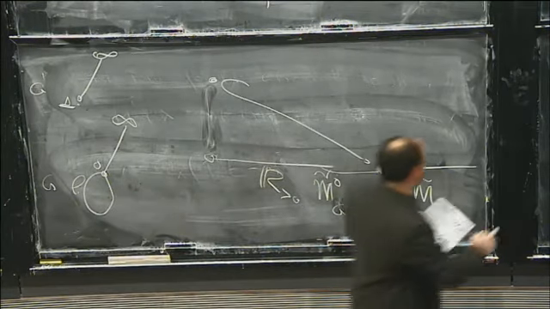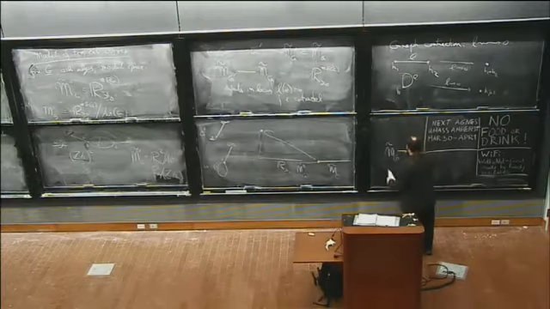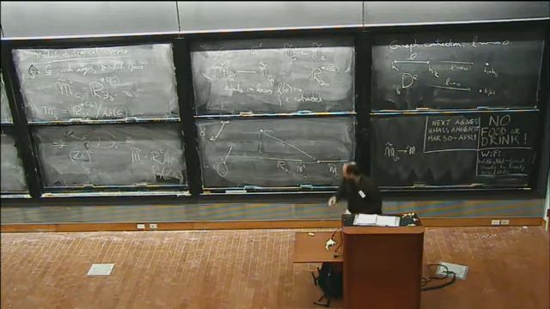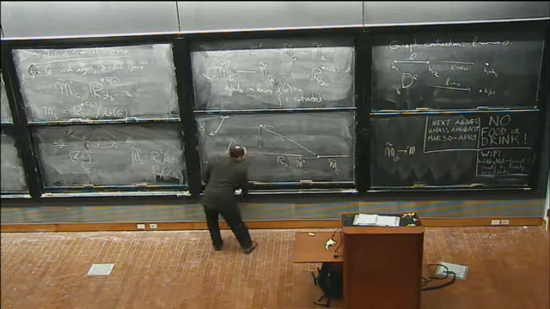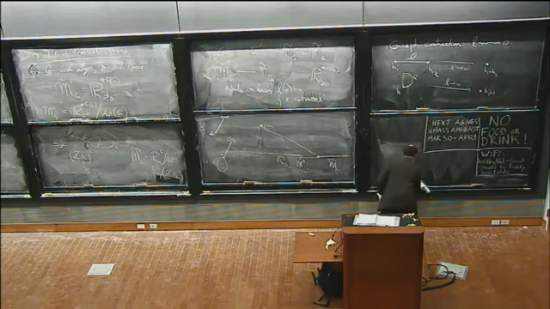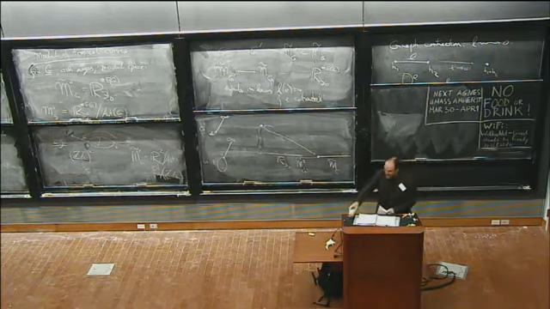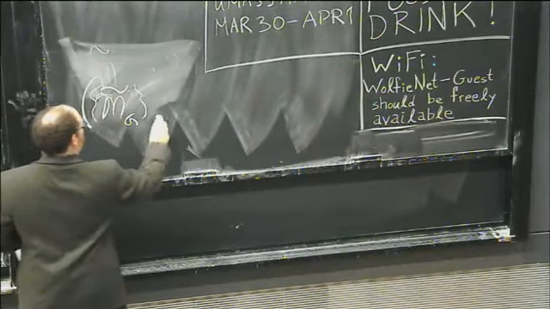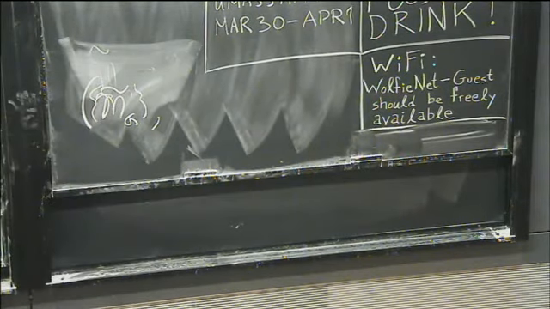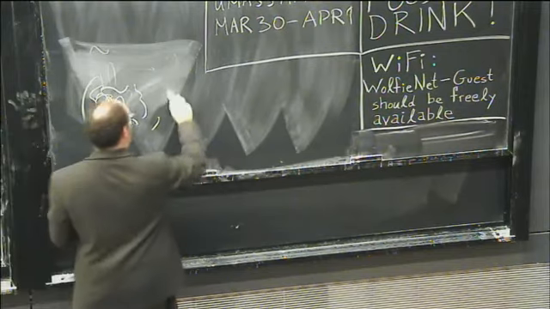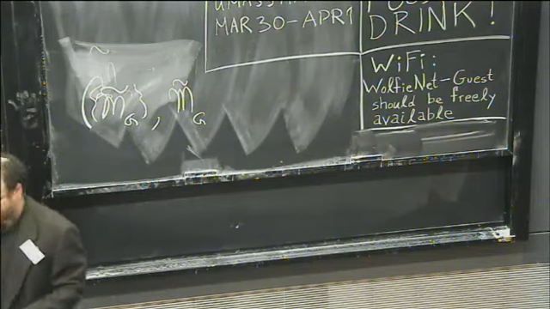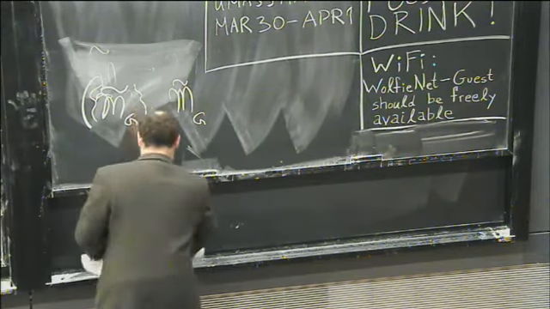So you have a whole big diagram of all the M_G tilde and all the maps associated to contractions, which goes the other way, unfortunately.